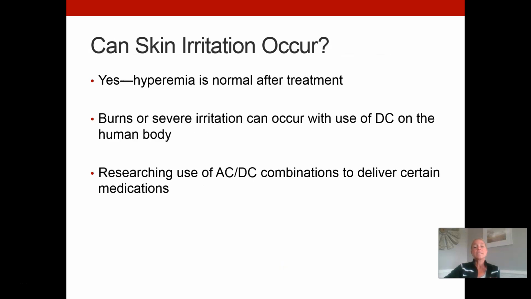So yes, skin irritation can occur. Hyperemia is normal. There is an increased incidence of burn using direct current versus using the other types of current. It's just not as easily tolerated by most people as the other types of stim that we've talked about. They are looking at using combinations of alternating and direct current to deliver certain medications just to make it a little bit more tolerable.